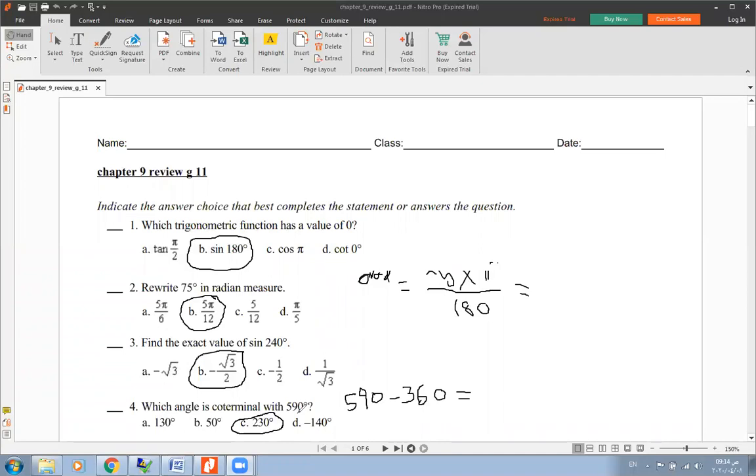So always we need to deal with angles smaller than 360. If we have an angle, for example 900, we subtract 360 and it's still greater than 360, so we subtract 360 again. It means we take complete rotations.